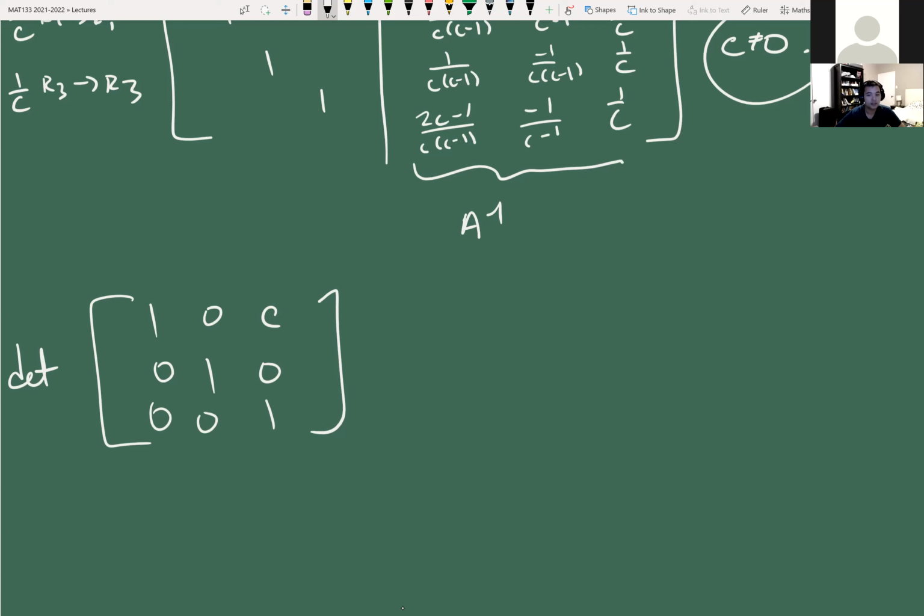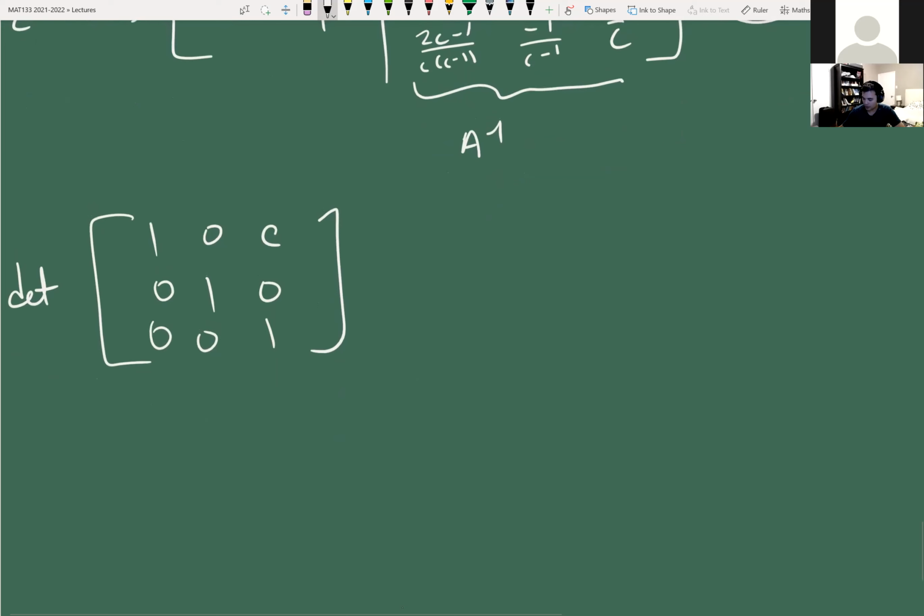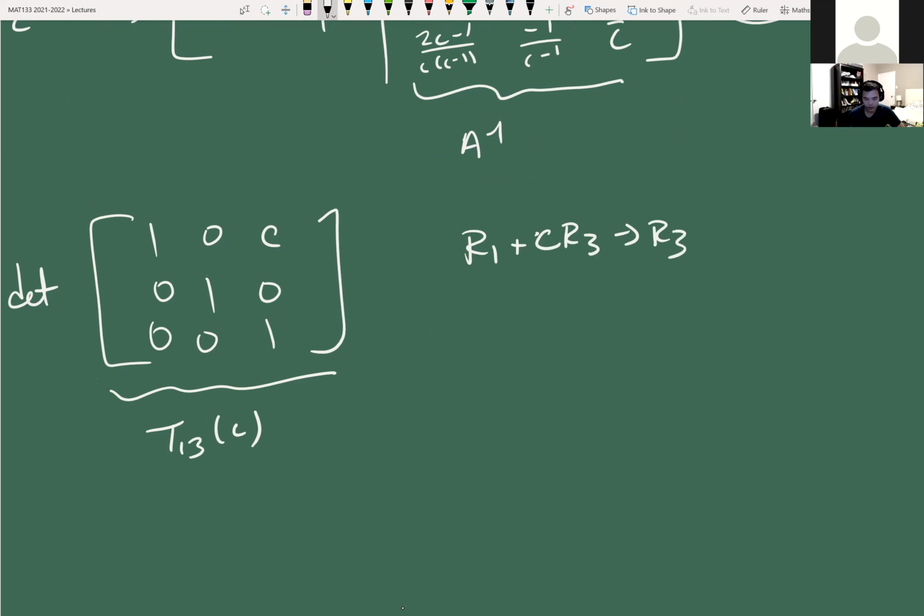And in fact, what is the inverse of this matrix? Well, you can more or less figure it out without having to compute it, because this is precisely T13C from the homework. It says do this row operation, R1 plus C R3, and put that in R1. That's definitely an invertible operation. You knew exactly what you did. So if I gave you that matrix after that row reduction has been done, you can definitely undo that step. You added C times row 3 to R1.